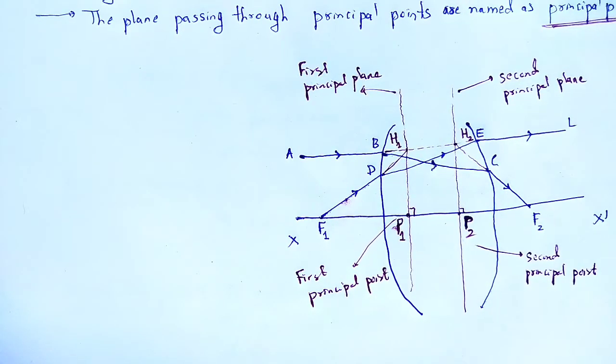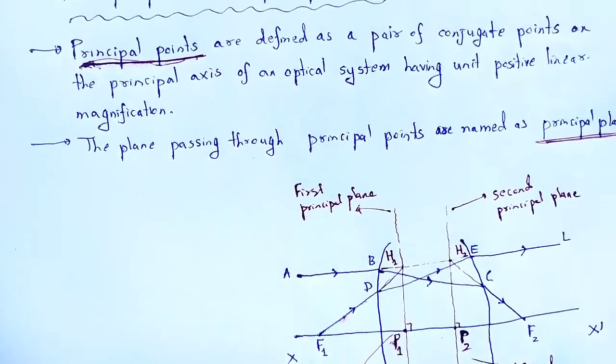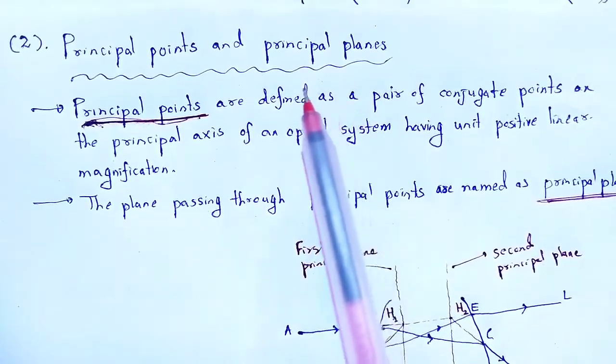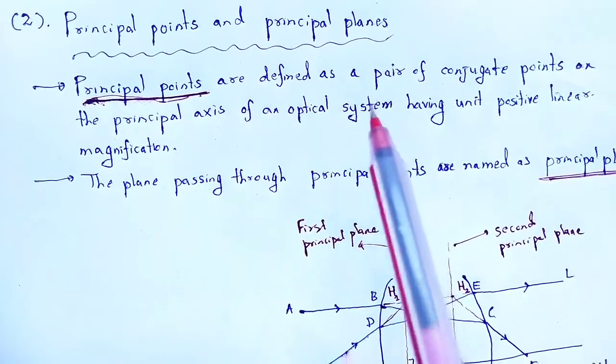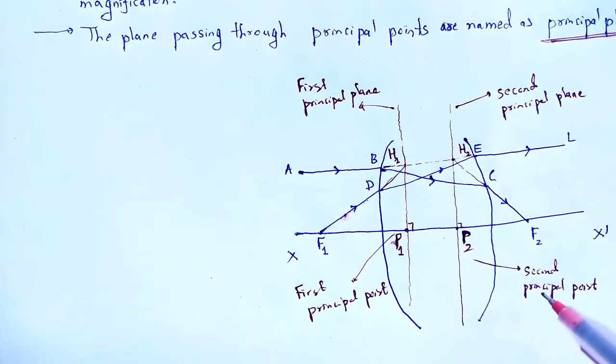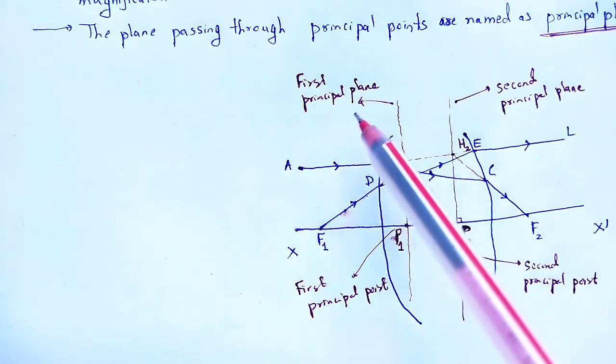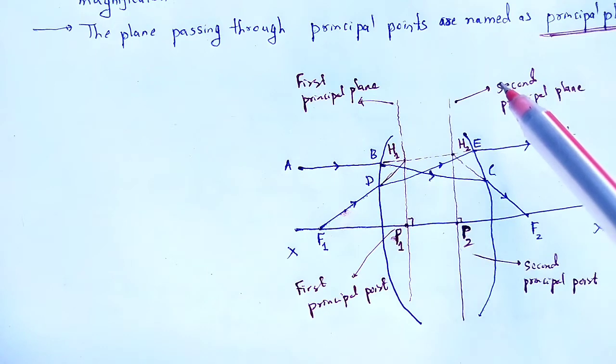From this figure, we conclude another cardinal points: principal points and principal planes, that is, the first principal point, second principal point, first principal plane and second principal plane.